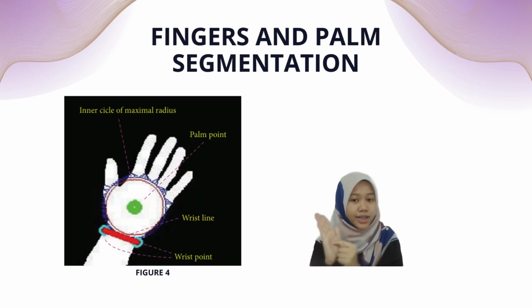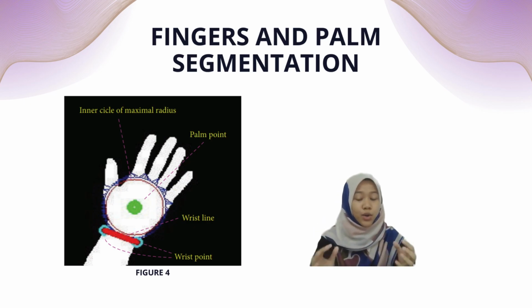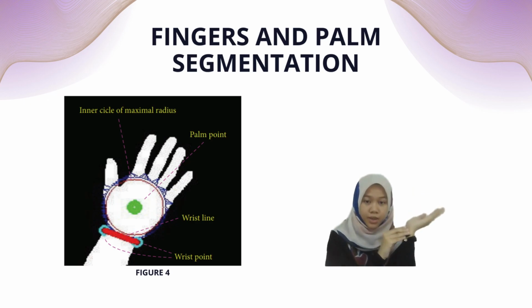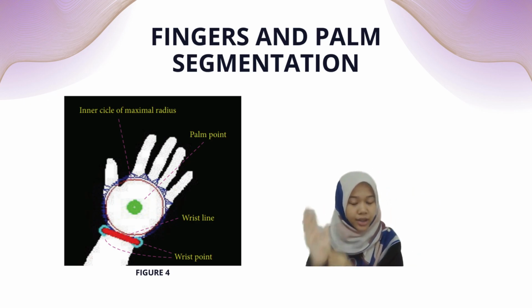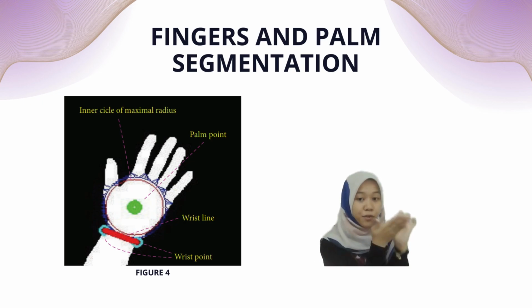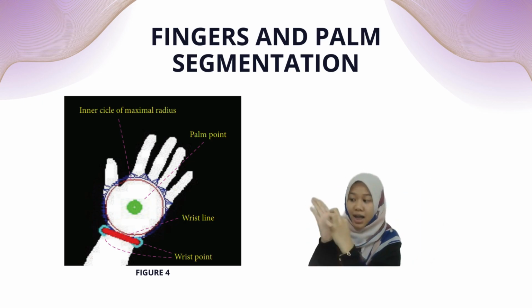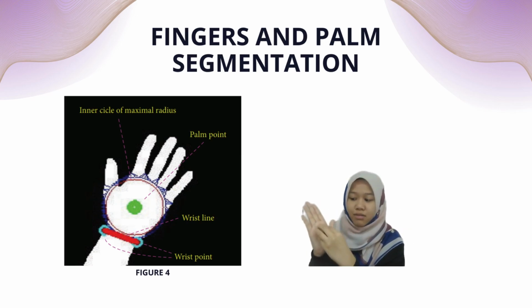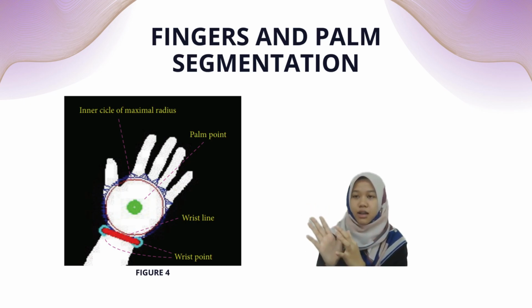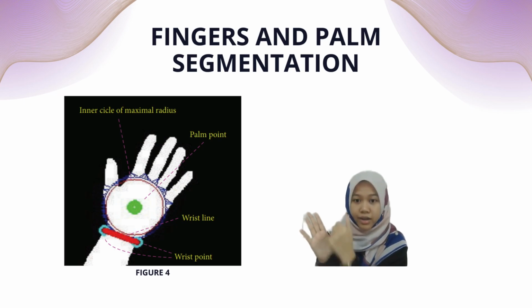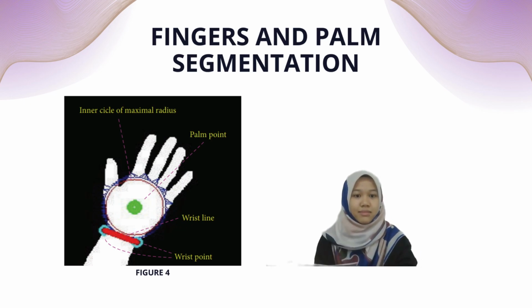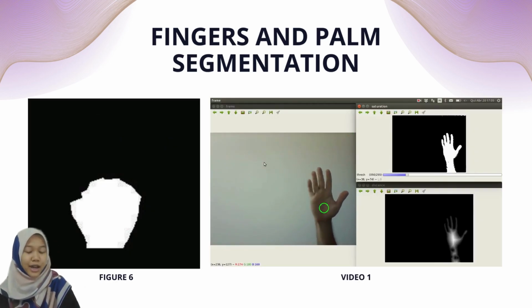Then after we know where the palm point is, we can find the inner circle of the maximal radius. How do we do that? We mark the palm point in green, then expand the radius from that point into the palm. It keeps expanding until the black background gets into the circle, then it stops.